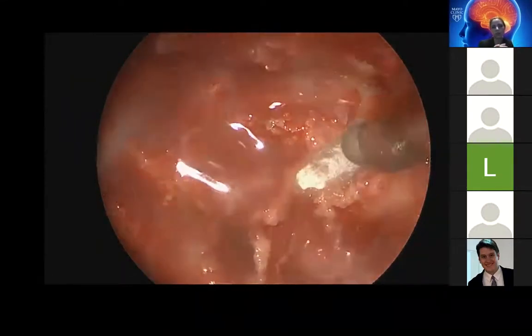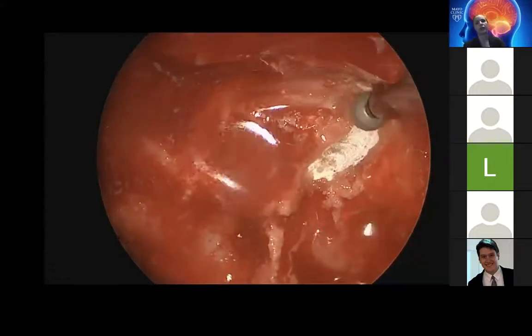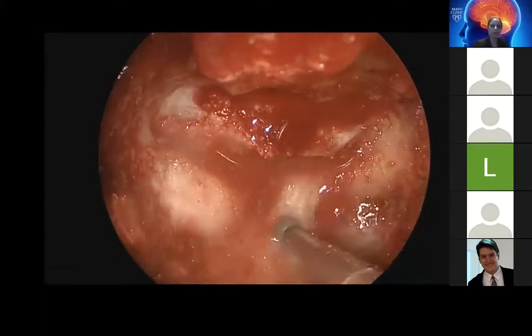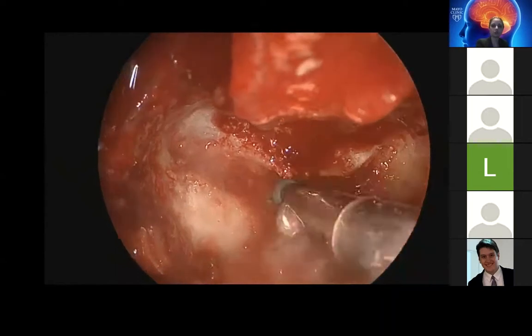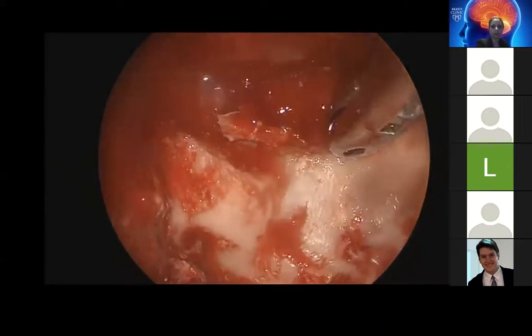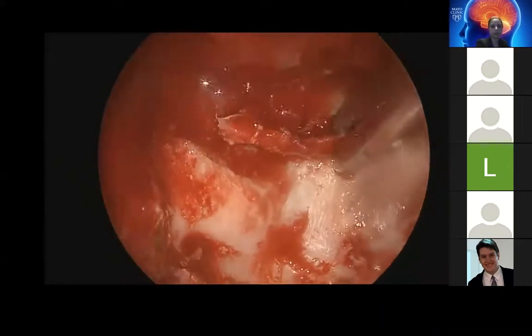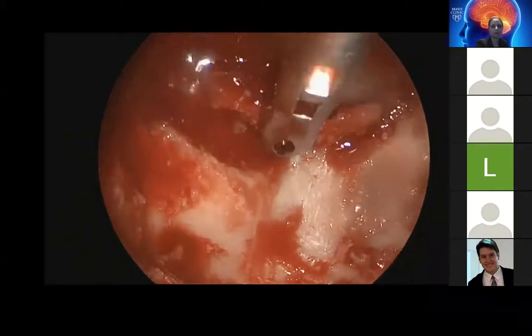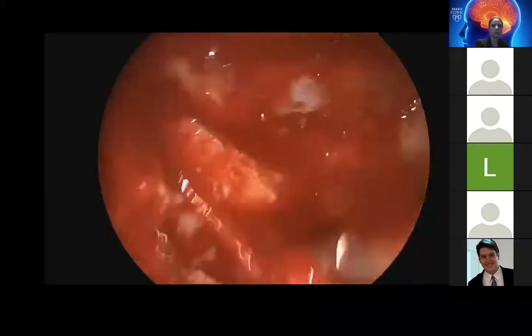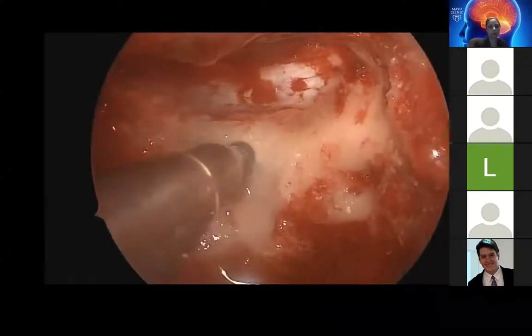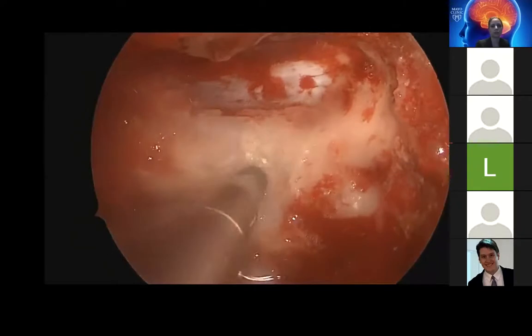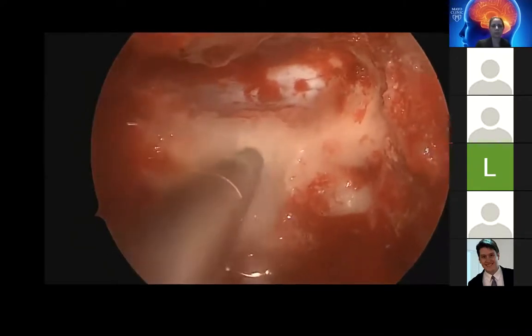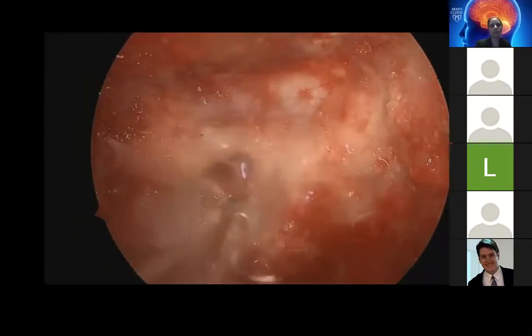So this is just drilling above the tuberculum and the planum. This is drilling the tuberculum and taking out the bone here. So if we can drill around and just perform like an osteotomy, that's usually a little faster to do rather than drill everything.